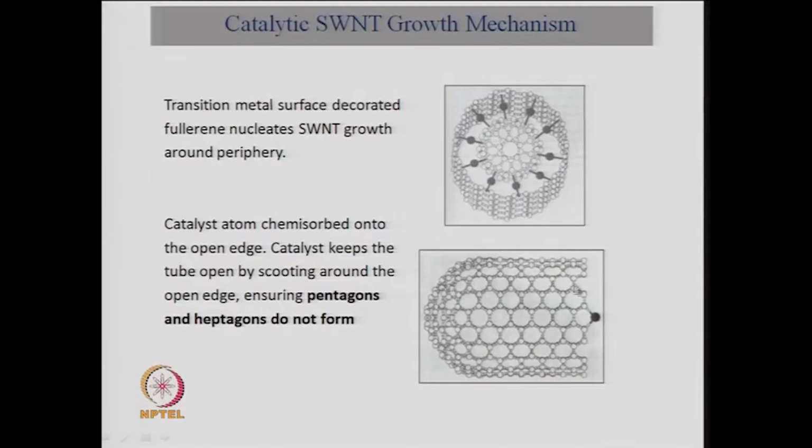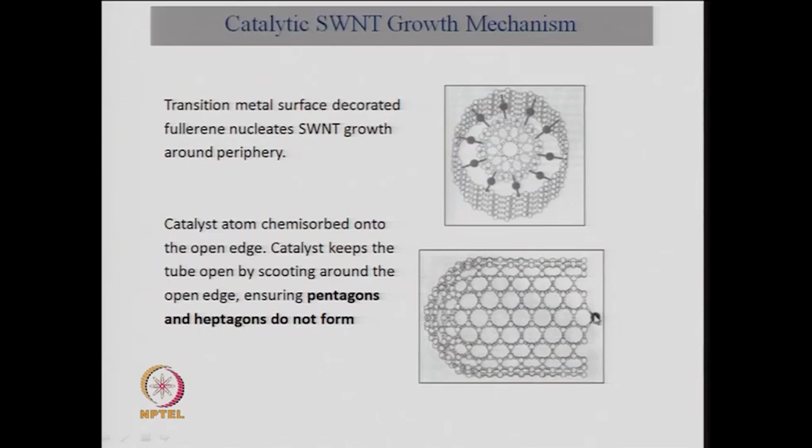Now, this is another picture to show you how the catalyst particle is at the periphery of the tube, and it allows the growth of the nanotube in this direction by hopping from side to side and not allowing the pentagons and heptagons to form, because if the pentagon and heptagon form, then the tube will start getting closed, but if only hexagons form, then the tube will continue to grow.